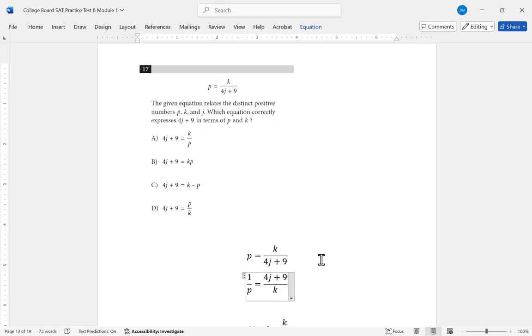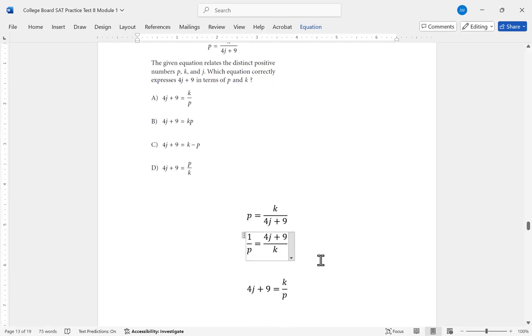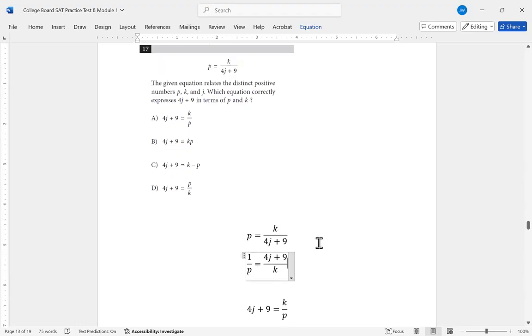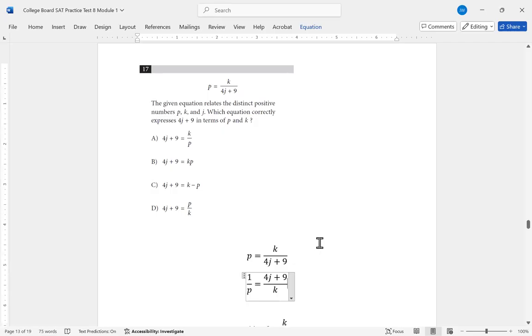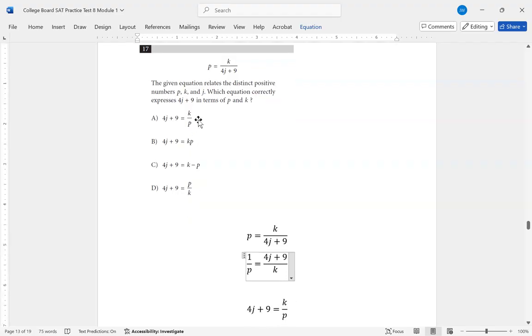And then I could multiply both sides by K if I would like to. Multiplying both sides by K gives you 4J plus 9 on the right and K over P on the left. So there you go. That means that whichever way you do this, the answer is 4J plus 9 is equal to K over P. So that's answer A.